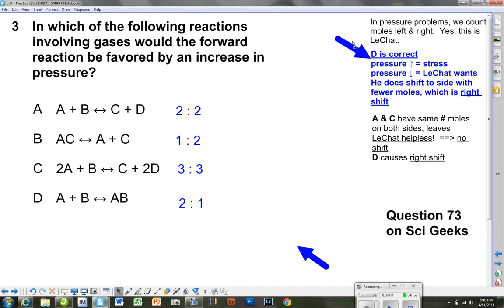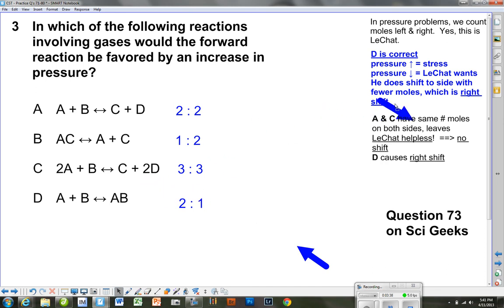So D is correct, and what's happening is pressure's up, that's the stress. Pressure down is what Le Chatelier wants. He does shift to the side with fewer moles, which is a right shift in this case, because in letter D you see you have fewer moles on the right than on the left.